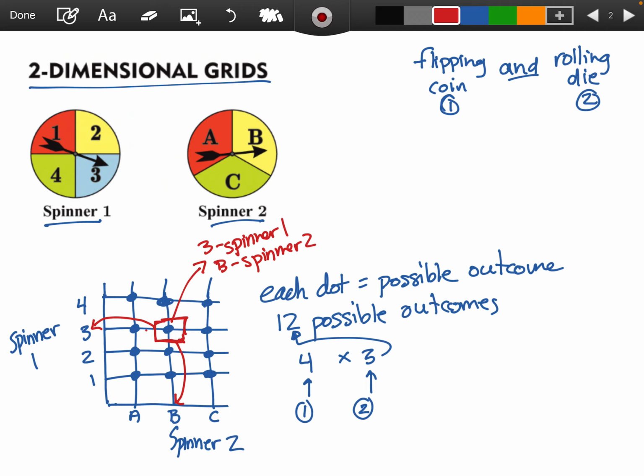So this particular possible outcome is 3B. You don't have to take the information from the grid and list it all out because all of it is already there. When you label your axes appropriately and accordingly, then all the information you need is already there. Each of the dots represents one of your possible outcomes.